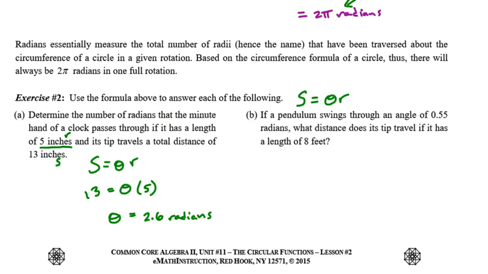Again, would you underline the important facts in part B and then play the recording when you're ready? Okay, so hopefully you did that. And you've got a central angle of 0.55 radians. That's our theta. The distance the tip travels is unknown, and the length of the pendulum is 8 feet.